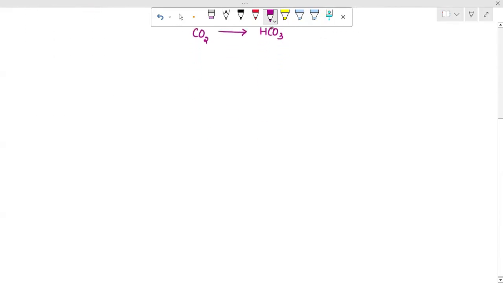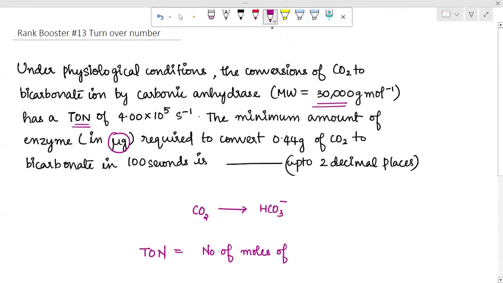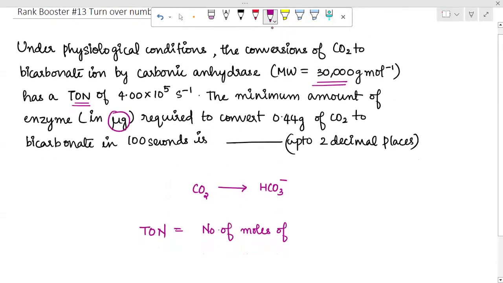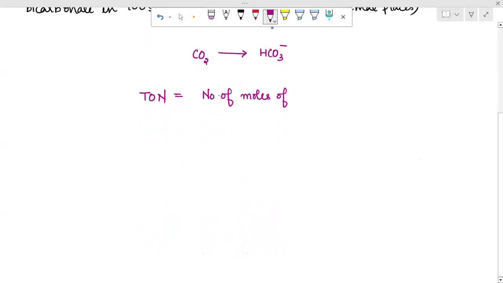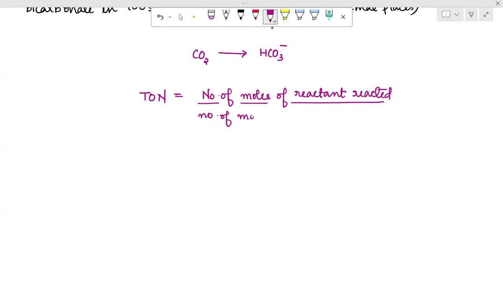Okay, so this question is actually from turnover number. The equation of turnover number or turnover frequency is the number of moles of reactant reacted, or you can also write number of moles of the product formed, divided by number of moles of enzyme required into time.